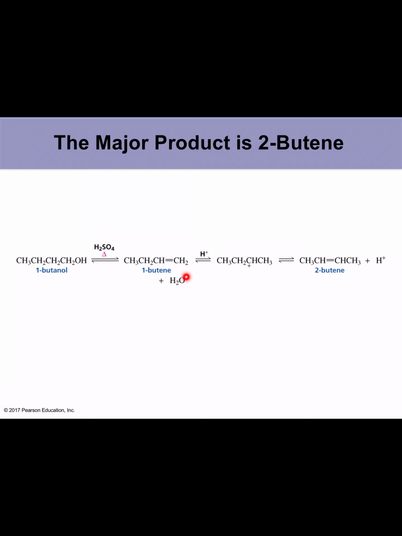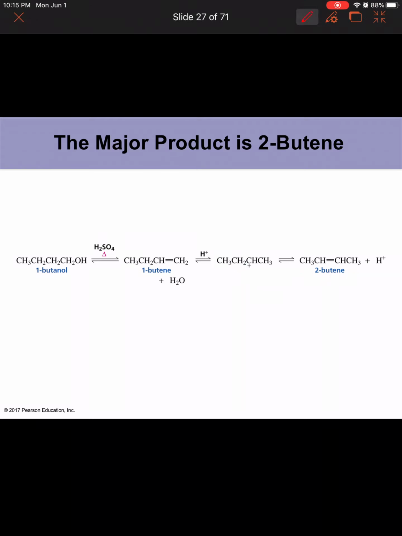A proton will add onto this carbon, CH3, and this would be carrying a positive charge, a secondary carbocation. Now, once a secondary carbocation takes place, a hydrogen from this carbon can be lost to form the 2-butene.